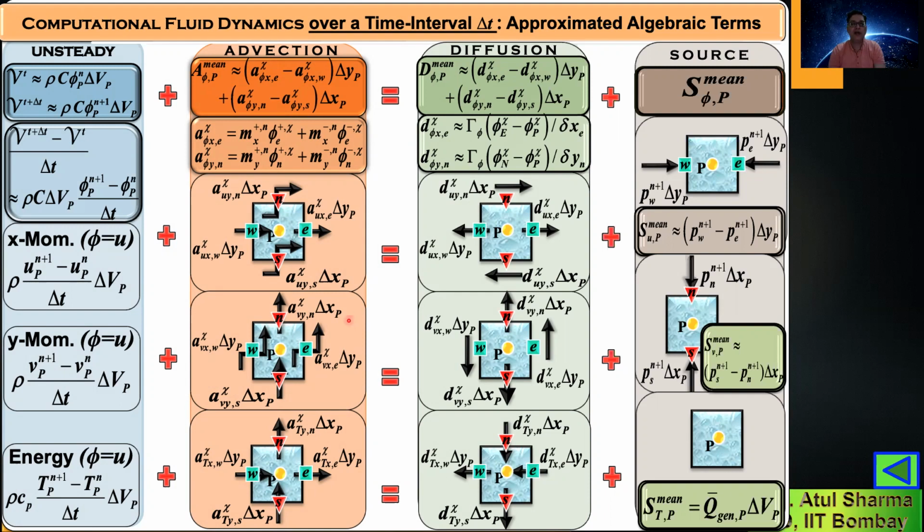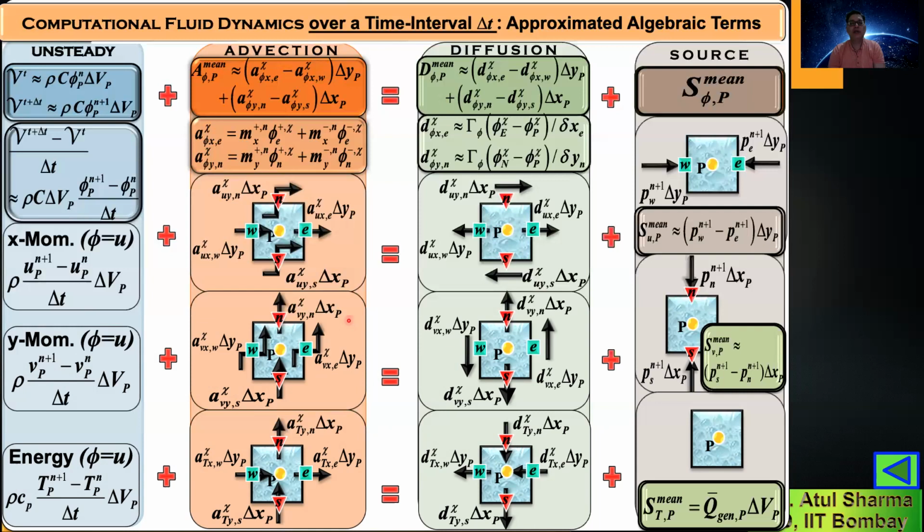We start from a control volume and we derive the linear algebraic equations, which are the governing equations in CFD. In your undergraduate course, you use continuous math, whereas here for a computational formulation, you have to use discrete math. So I tried to make this as easy as possible.